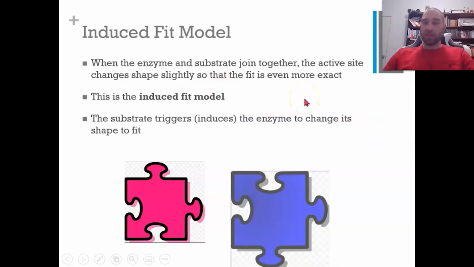Let's just talk about the induced fit model to finish off with. So when the enzyme and substrate join together, the active site changes shape slightly. And what that does is it puts a stress on the bonds in our substrate. In chemistry, we'd say our reactant. It puts stress on the bonds, and what that can do is break the bonds and form new products, and then that's what's released from the enzyme.